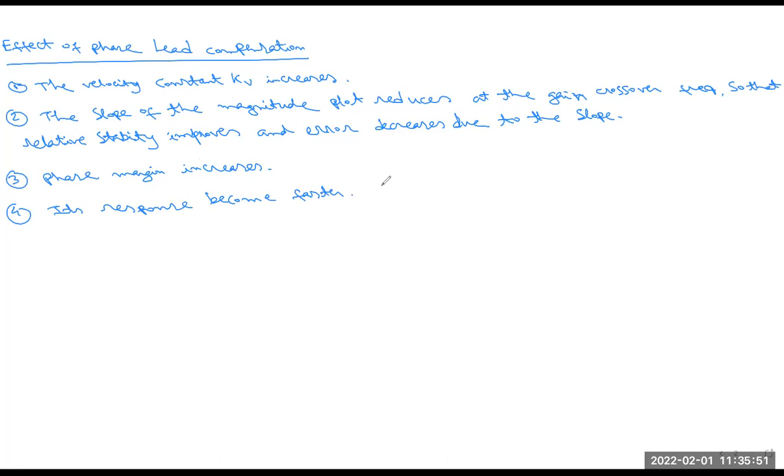So these are basically the effects when you use a phase lead network compensation design for our control system. Its response is very fast, phase margin also increases, overshoot error decreases, and the velocity constant Kv also increases using the phase lead compensation network circuit.